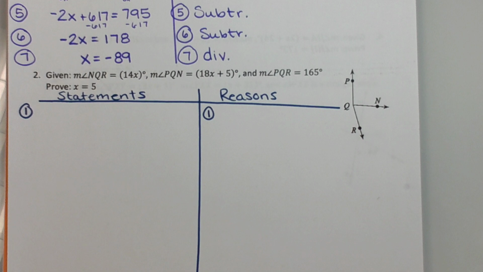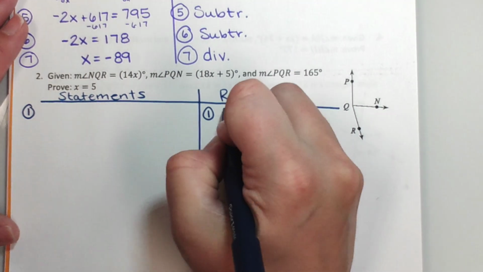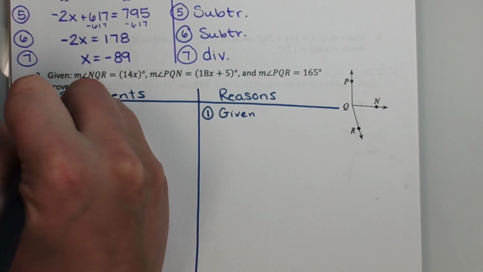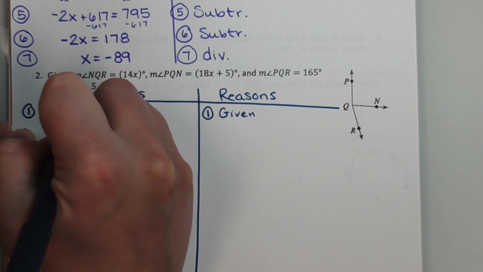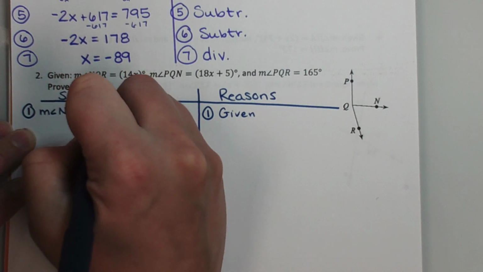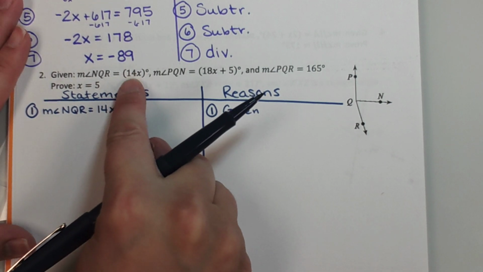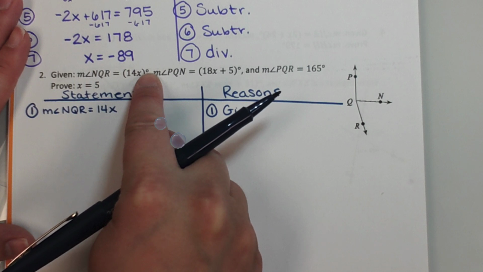I am still going to say that every single proof, regardless of the proof, starts with the givens. And I was given measure of angle NQR equals 14x.